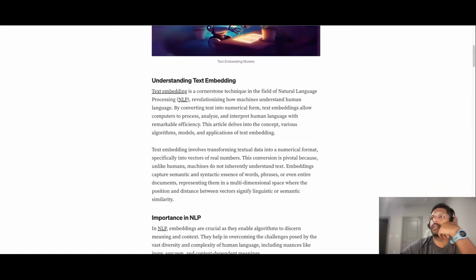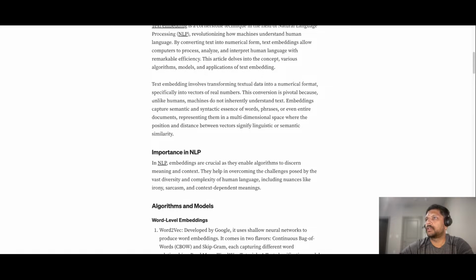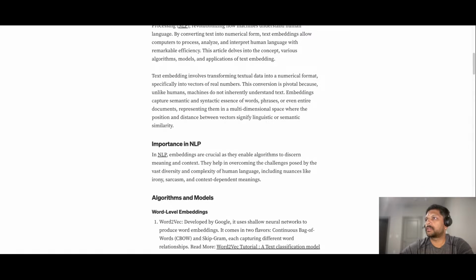I'll read through it. Text into numerical form. Text embedding allows computers to process, analyze, and interpret human language with remarkable efficiency. This article delves into the concept, various algorithms, models, and applications of text embedding. Transforming text data into numerical form.